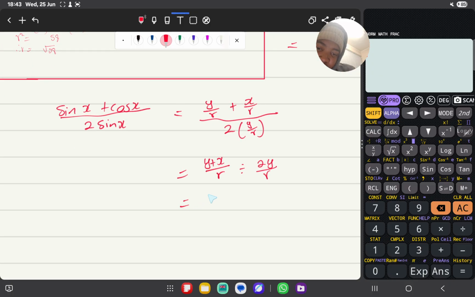Then you have y plus x over r multiplied by r over 2y, and the r's divide.